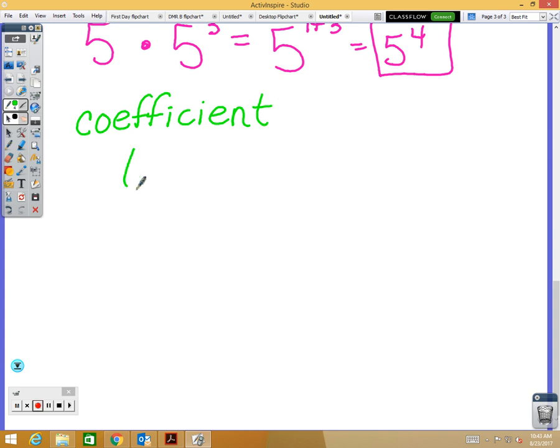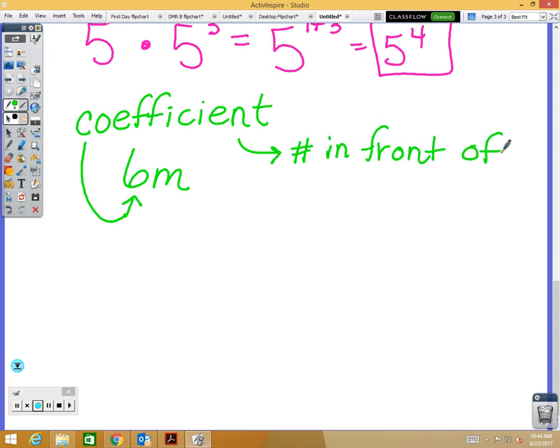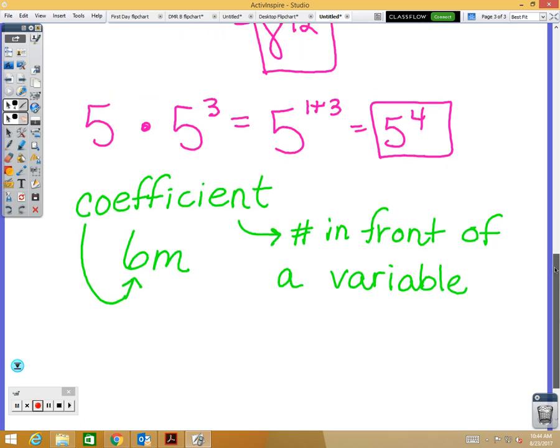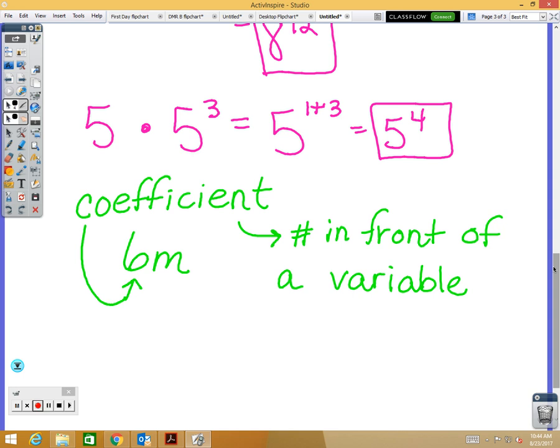Like if you had 6m, the 6 is considered a coefficient. Okay? It's the number in front of a variable. So a coefficient is a number in front of a variable.